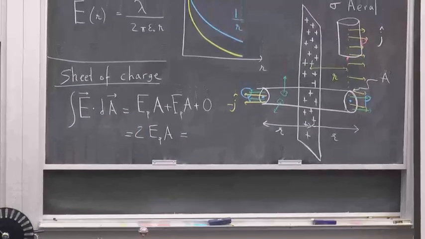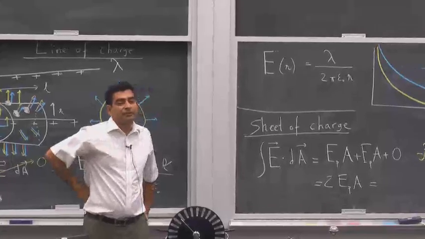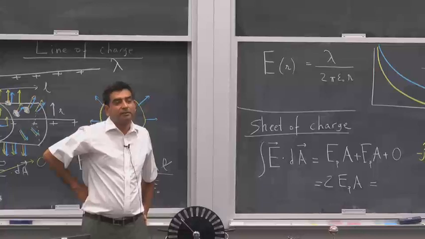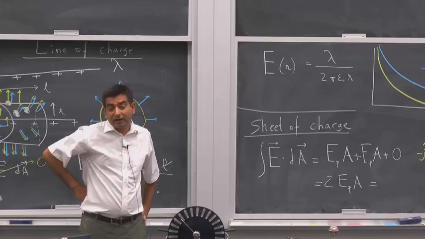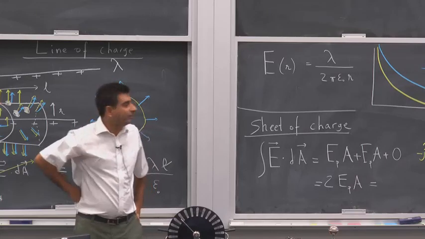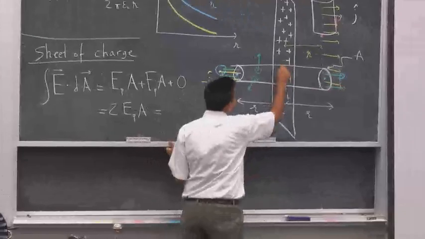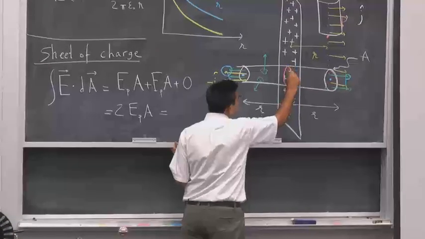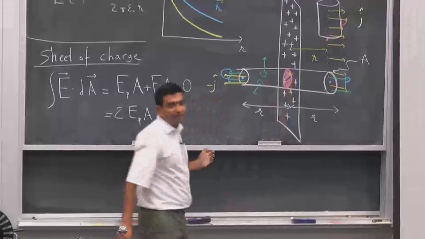What's the charge enclosed by this Gaussian cylinder? Sigma into the area. If I would like to find the charge enclosed, I would look at the shadow of the end caps, or this cross section on the sheet.